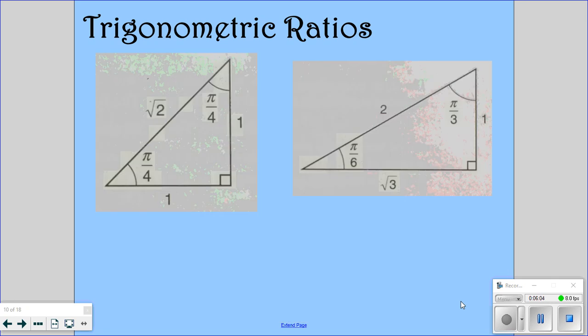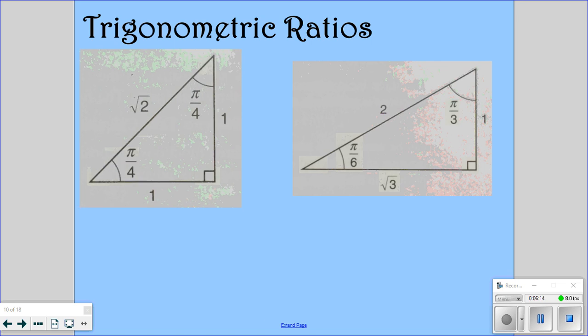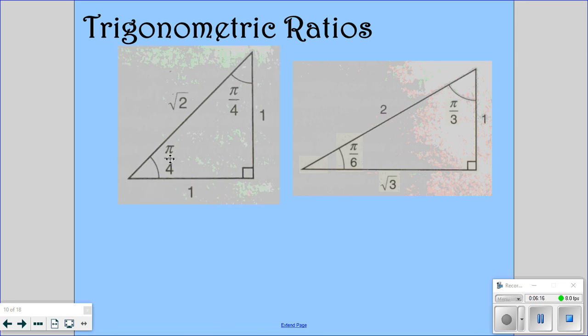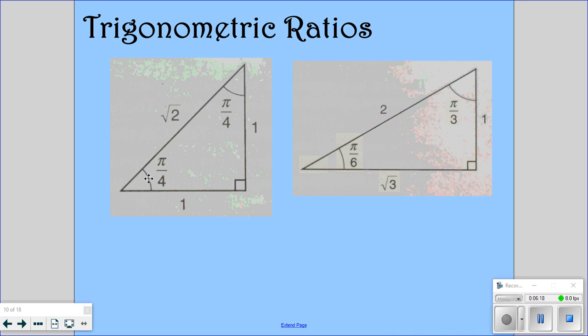These are in radians. You might not recognize them. Last year, our pre-cal book used a lot of degrees. So I'm going to put, instead of pi over 4, 45 degrees there. Does that jog your memory a little bit more, hopefully?